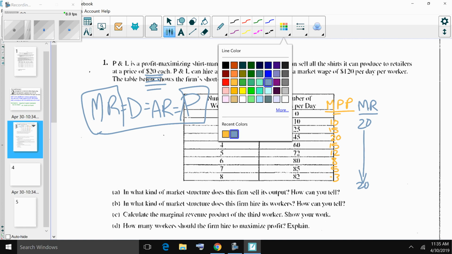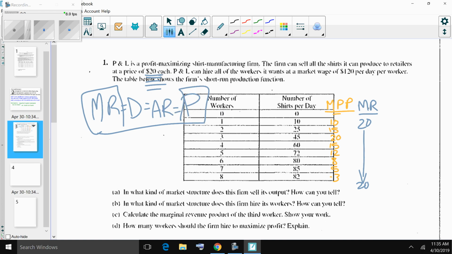Okay. So my final step is going to be to find my MRP. I need to do this times this to equal this. So 10 times 20 is 200. 15 times 20 is 300. 20 times 20 is 400.